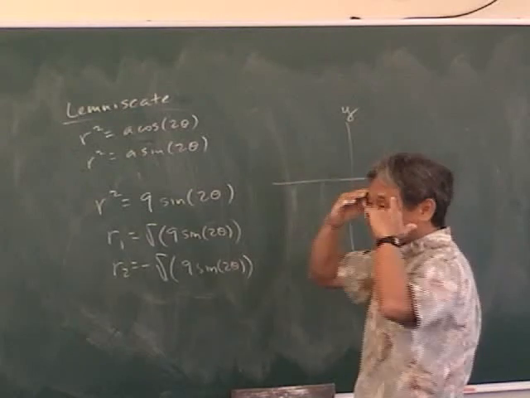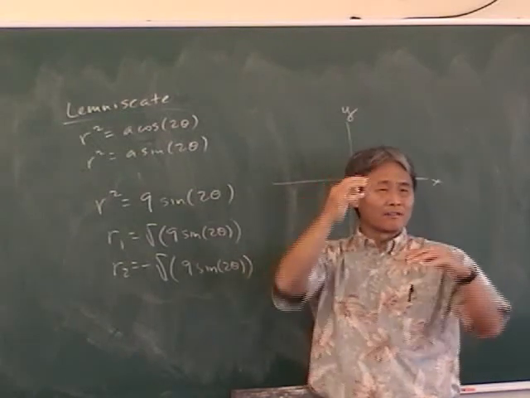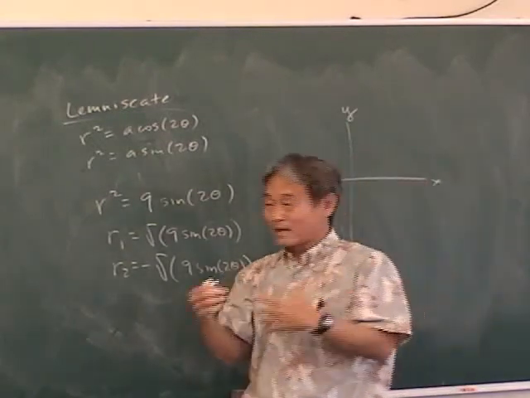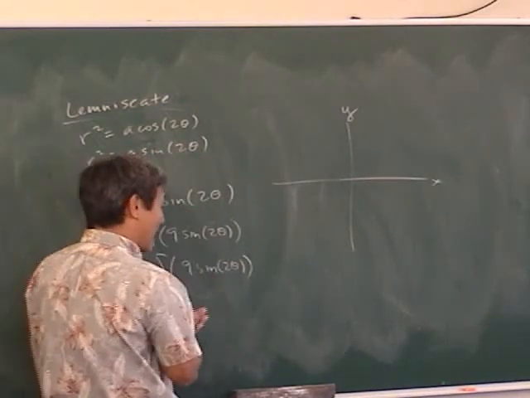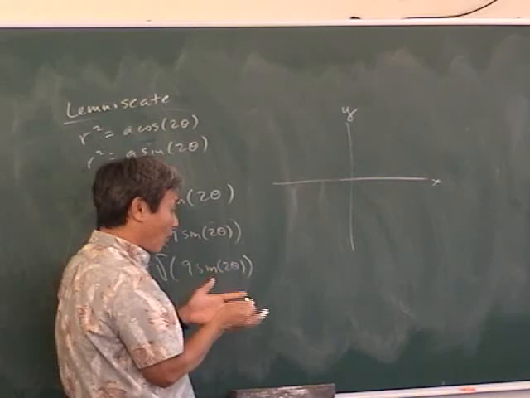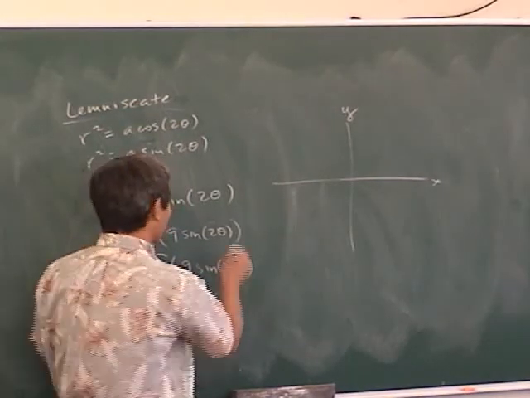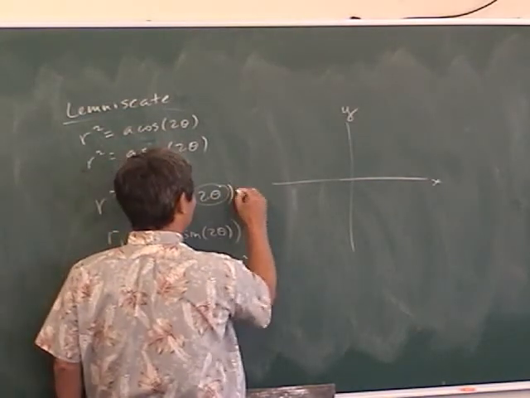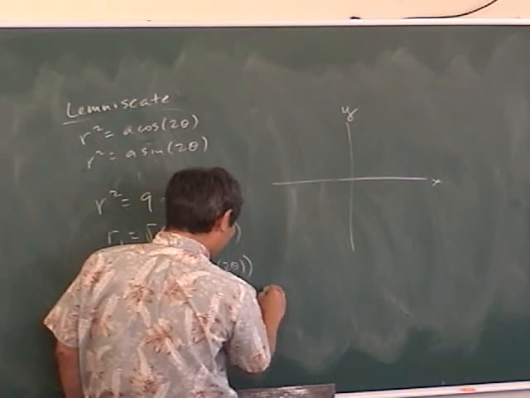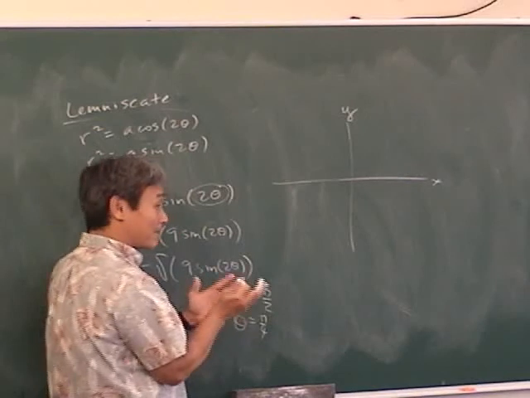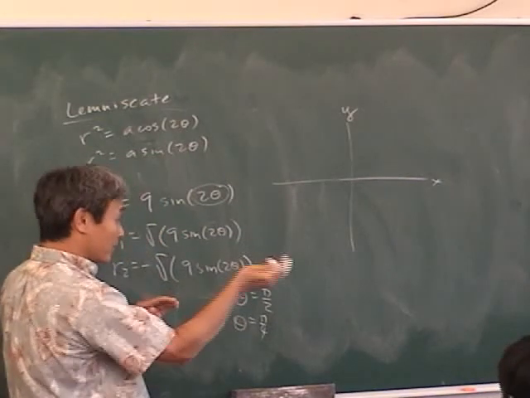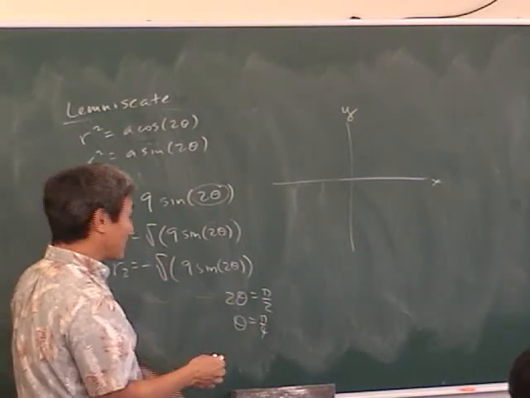Okay, we know a lemniscate is a figure 8, but how do you figure out where the figure 8 goes? Well, you've got to think, just like the rose curve. This is a sine lemniscate. Sine reaches its maximum value of 1 when? At pi over 2. So you set the argument equal to pi over 2. If 2 theta equals pi over 2, theta equals pi over 4. That means at pi over 4, r is going to be as big as possible.